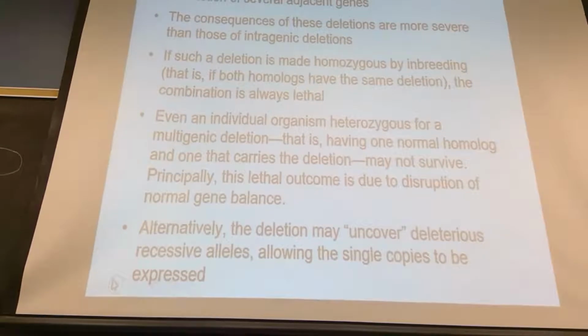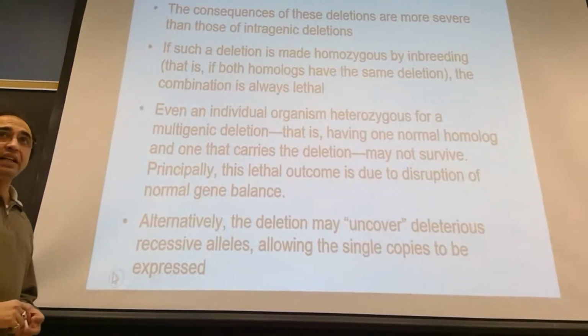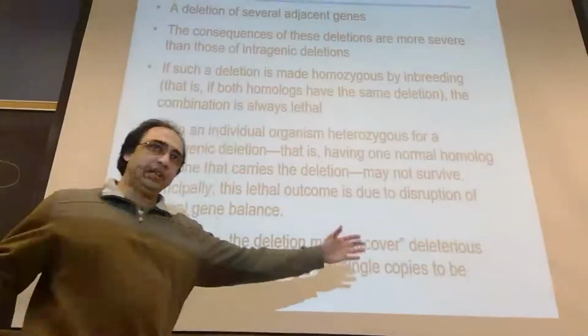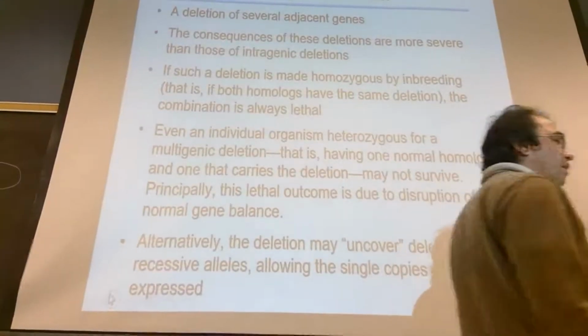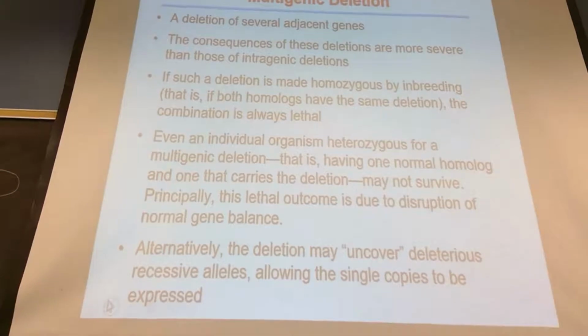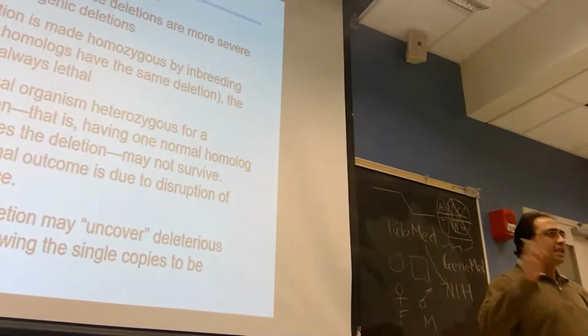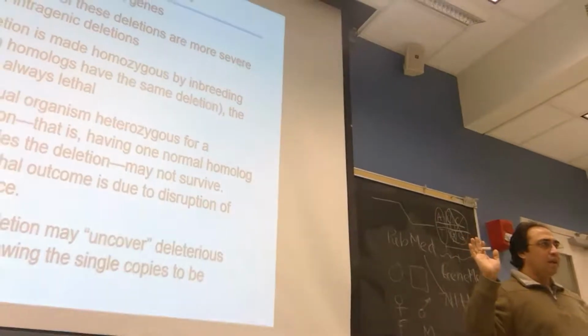What about the multigenic deletion? Not a single gene, but a couple of genes together. It may be 17, 18 genes together or 100 genes together, a very long part of the chromosome, and all genes are missing from there due to deletion.